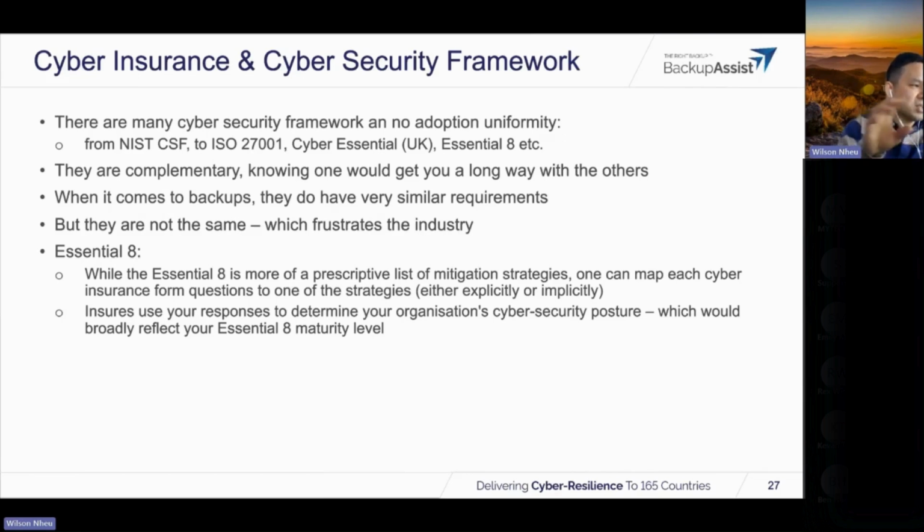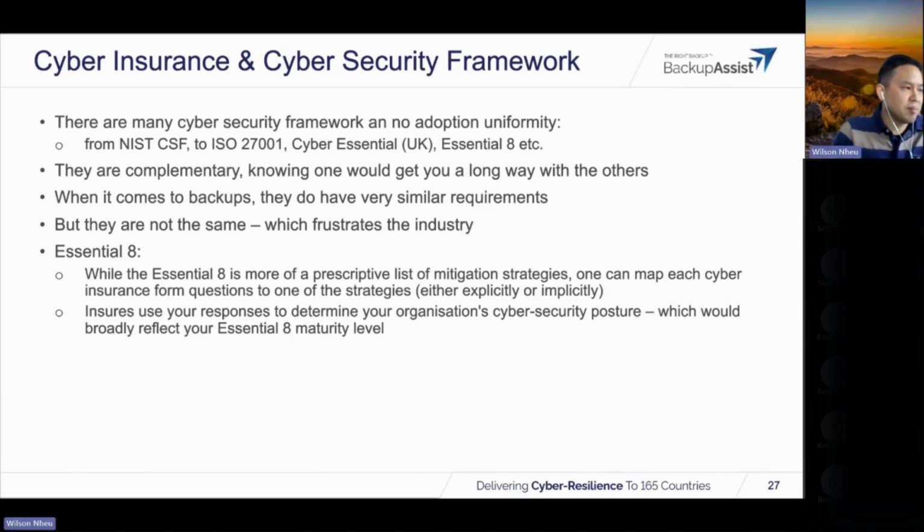And specifically about Essential 8 here, while I did mention that Essential 8 is really more a prescriptive list of mitigation strategies, what you can do is map each one of your insurance form questions to one of the strategies or one of the controls in the strategies, either explicitly or implicitly.